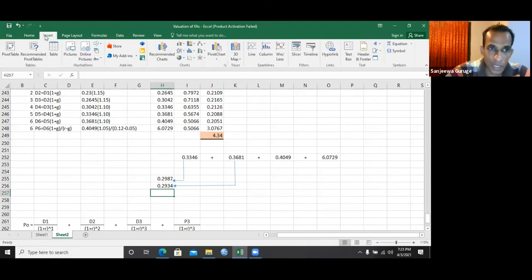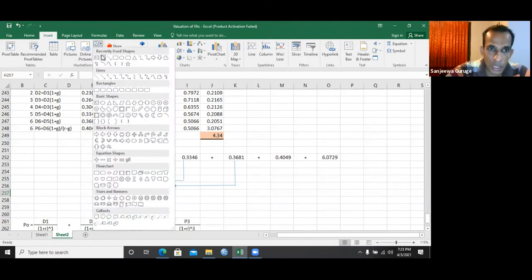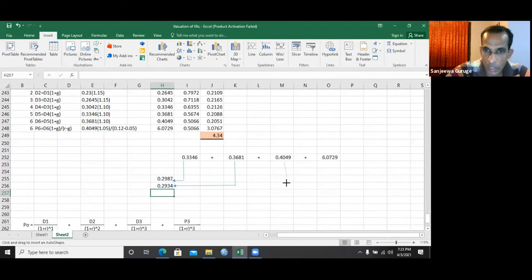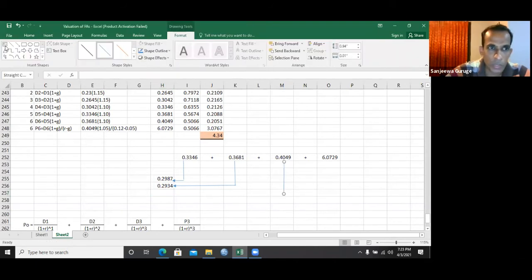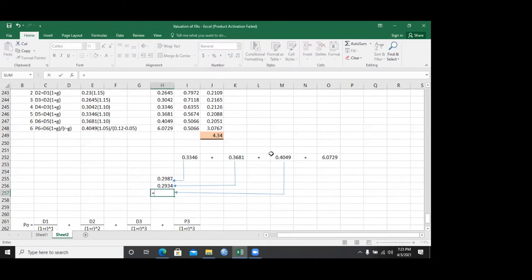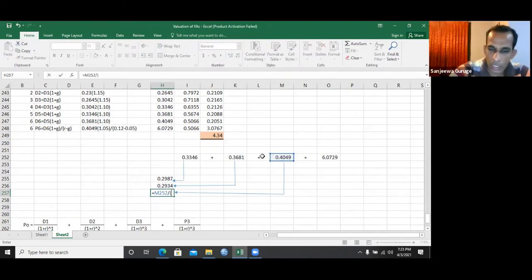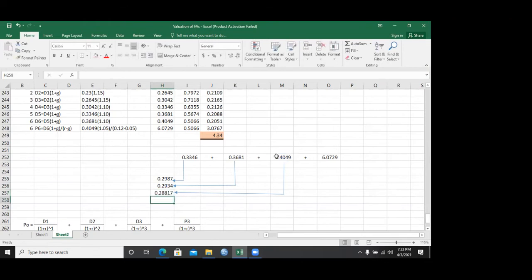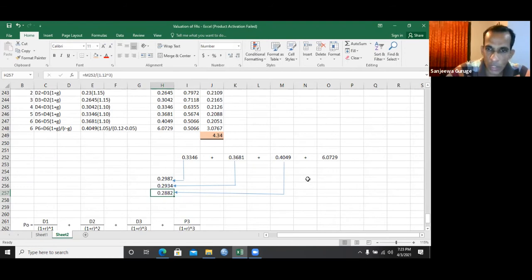The next one he's going to get in 3 years' time, so this dividend should be discounted for 3 years. When you discount this for 3 years, the value is 0.2882.